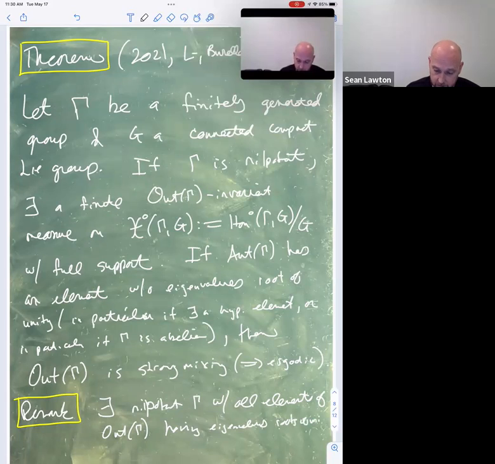So this condition is not like we just stopped working and said, oh, this is the condition that works. There are actually counterexamples. There exists a Gamma with all elements of Out(Gamma) having eigenvalues roots of unity and a non-ergodic action. Okay, that's the first remark.